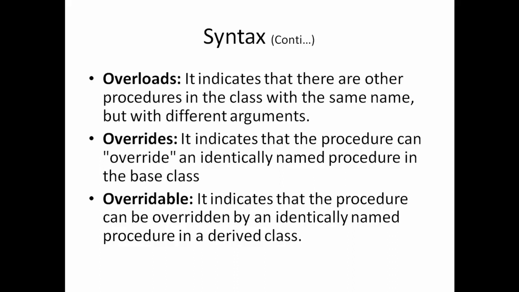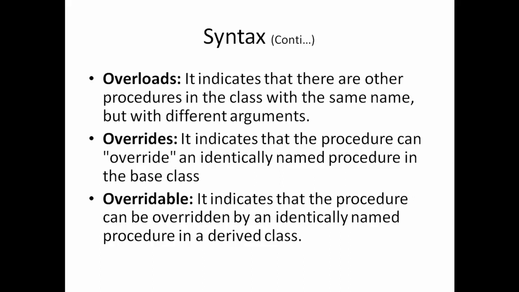Other keywords are Overrides and Overridable. These two keywords are used in the concept of method overriding. Method overriding means the prototype or signature of the procedure will be the same, whether it is a subroutine or a function, but the scope is different.